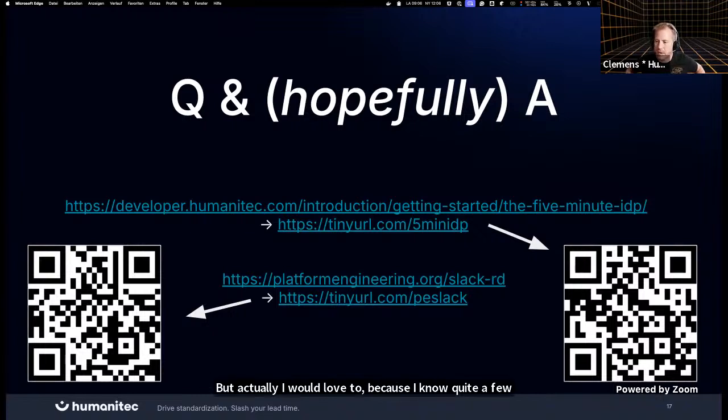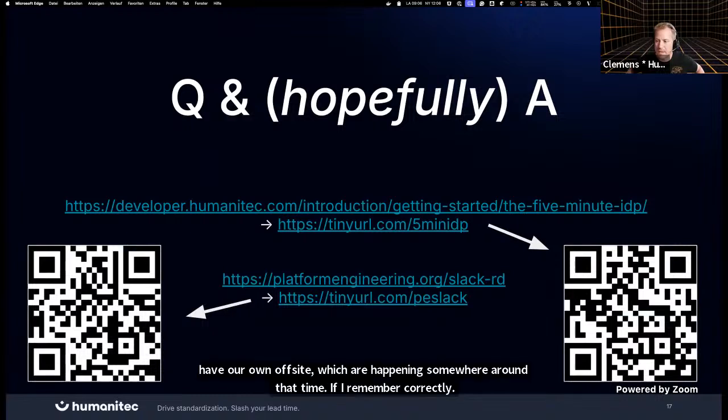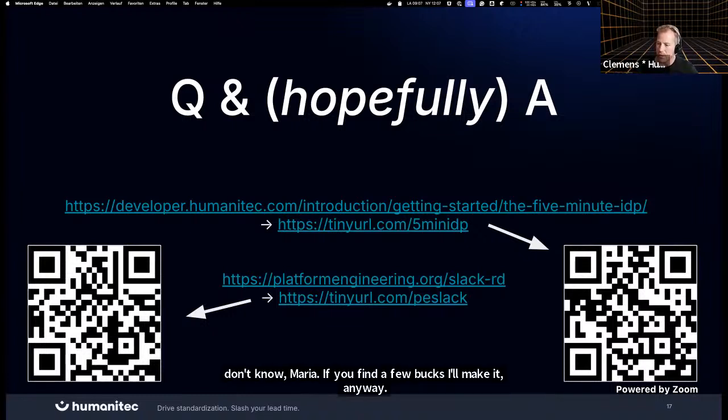I just need to somehow find the time for that. And it's a crazy time because my kids are all joining new schools. We have our own offsite, which is happening somewhere around that time, if I remember correctly. And there's a ton of other things happening at the start of September. So it's a little bit crowded. I don't know, Maria, if you find a few bucks, I'll make it anyway. Currently, I don't know of anyone from Humanitec who's live in Hamburg.